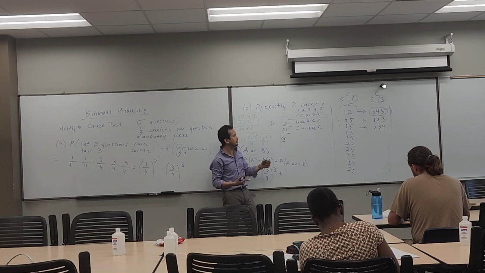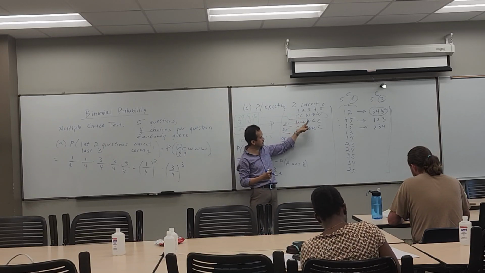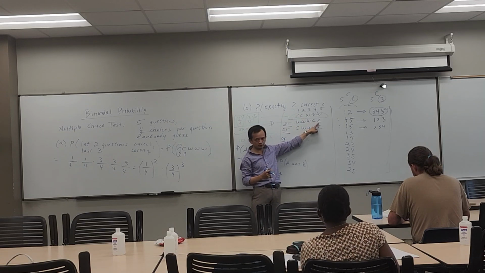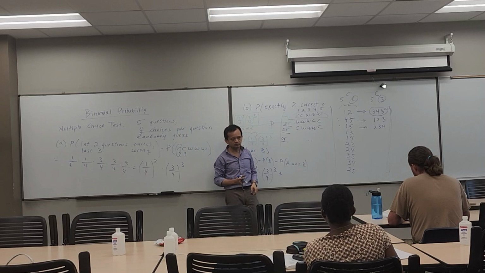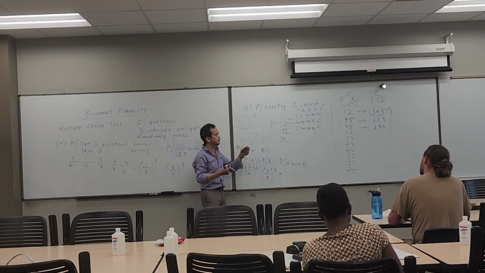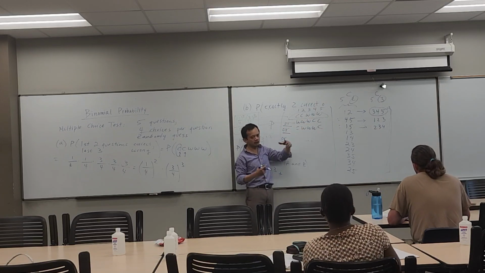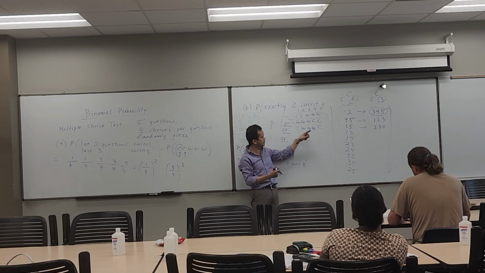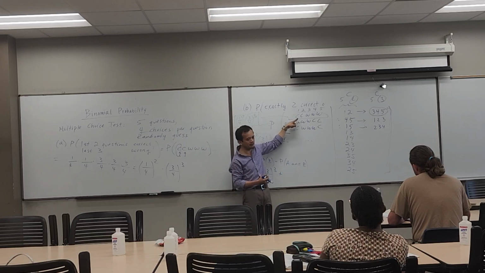So is there any way on the same test where you get the first 2 questions correct, and at the same time, you get only the last 2 questions correct? On one test, you get only the first 2 questions correct and the last 3 wrong. And on the same test, you get the last 2 questions correct, the first 3 wrong. Is there any way for these 2 to happen on the same test?